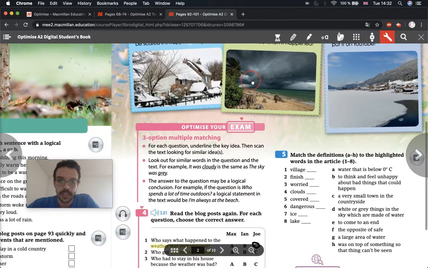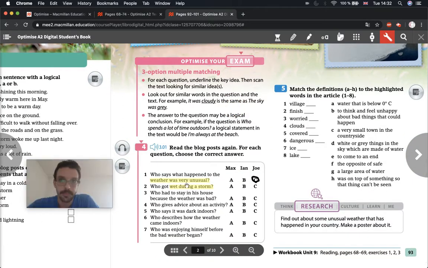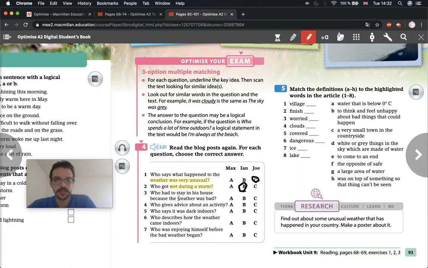So the answer to number 2 must be Ian. All right, let's continue. Number 3, who had to stay in his house because the weather was bad? So the main idea, we're going to say stay in his house. So who had to stay in his house because the weather was bad?